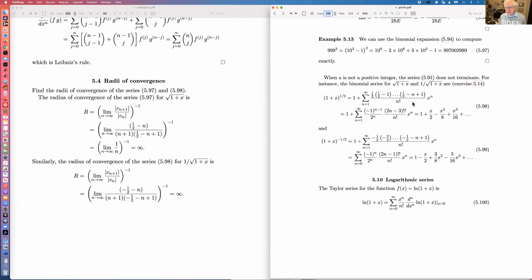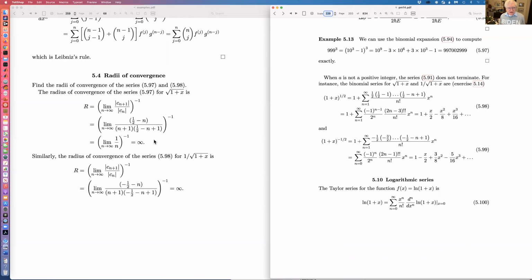The ratio of the two coefficients is just this. And these two things essentially cancel as n goes to infinity. You can also forget about the 1. So it's just the limit as n goes to infinity of 1 over n. That's 0. The inverse of 0 is infinity.